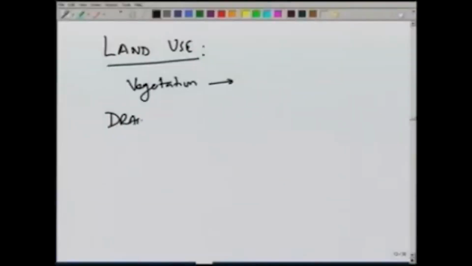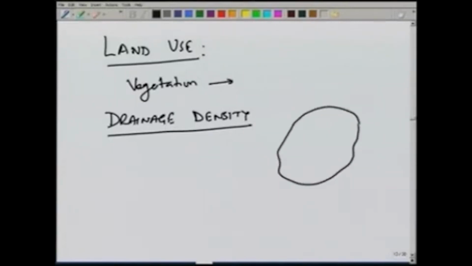Drainage density is another important parameter which affects the hydrograph. By drainage density, we mean in the catchment area what is the length of channel, and again this is channel network which includes all the tributaries also.